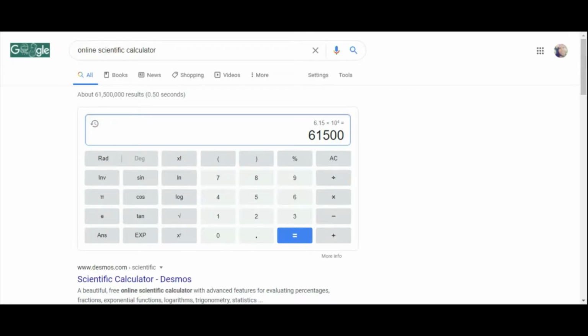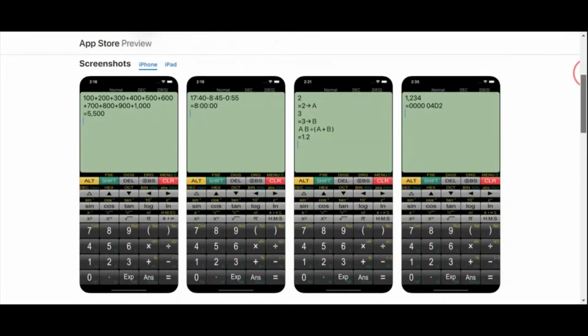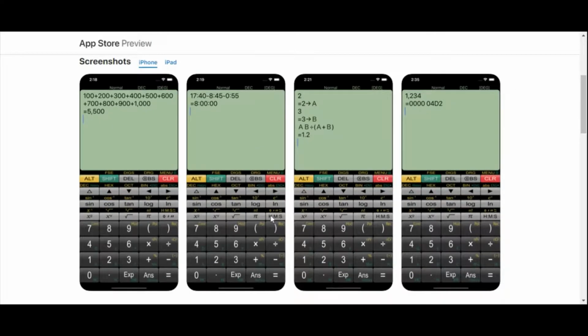If you'd still like to have a more defined option for your learning processes, you can download several apps for your phone. The one that's most recommended for the iPhone is the Panacal Scientific Calculator. It looks like a traditional TI-84 or 83.